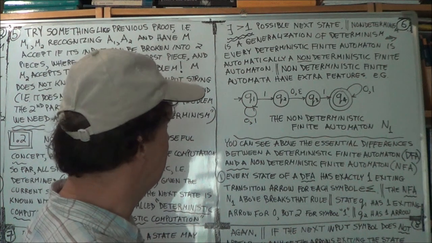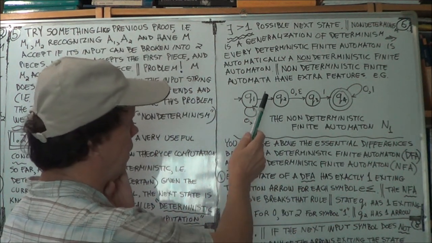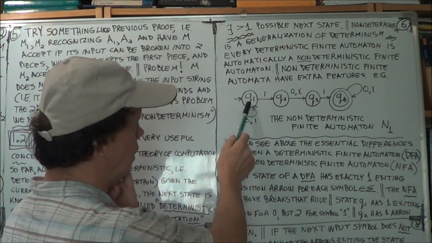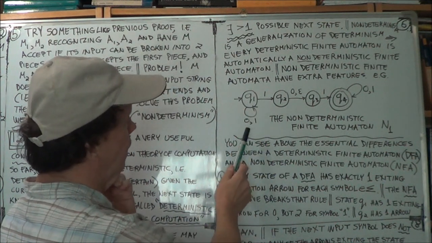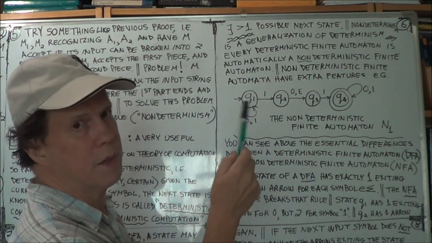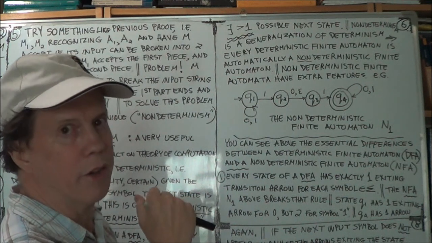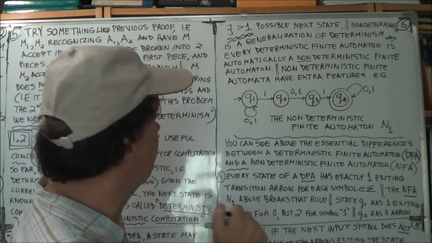Why did I say that? Well, we're in a given state, say Q1, and an input symbol comes in. Let's say it's a 1, and the alphabet is just a binary alphabet, 0 and 1.